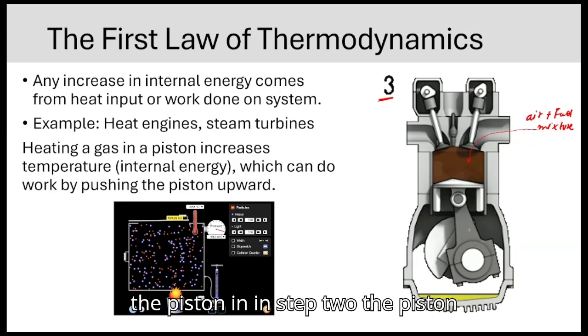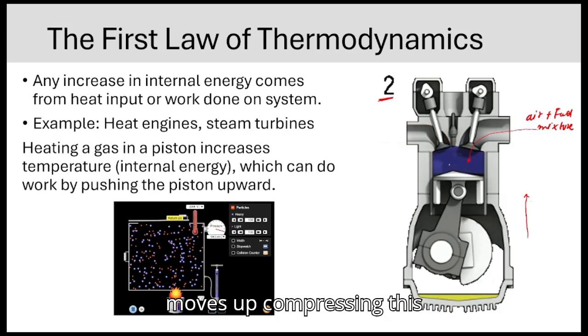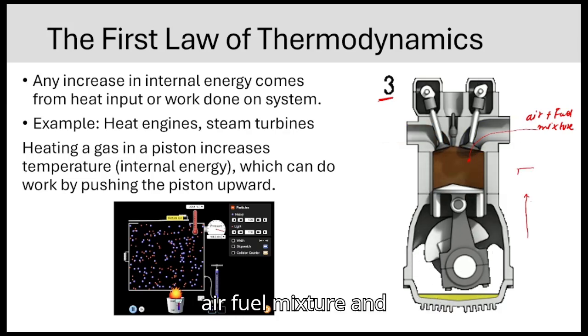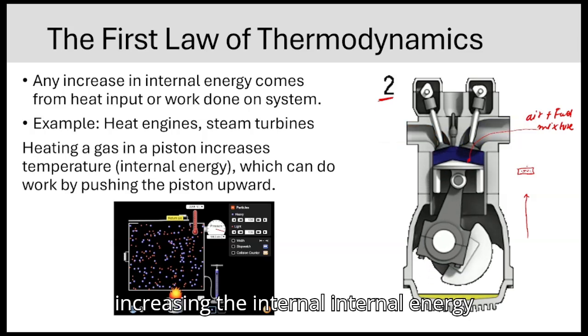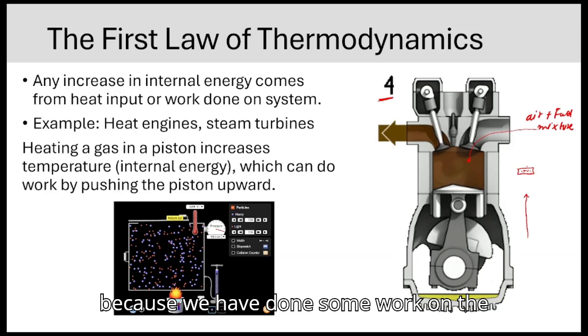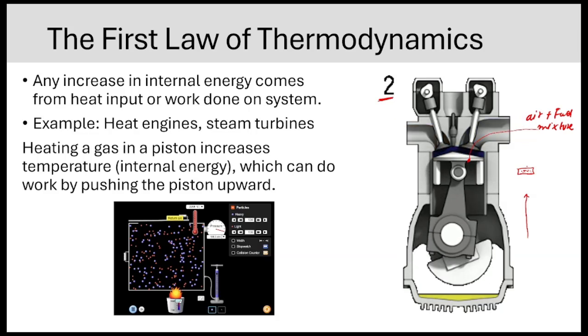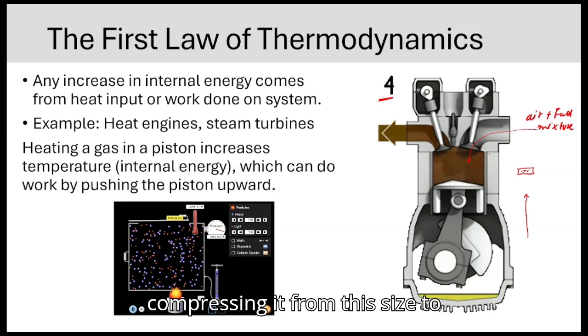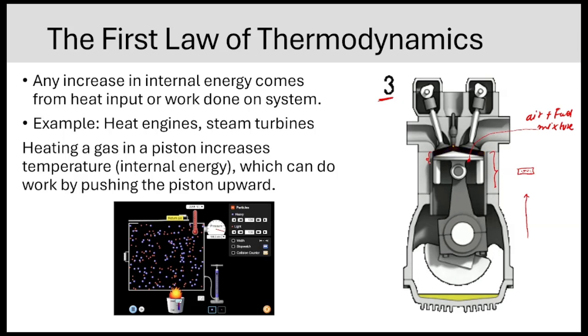Then in step 2, the piston moves up, compressing this air fuel mixture and increasing the internal energy, because we have done some work on the air fuel mixture, compressing it from this size to only this size.